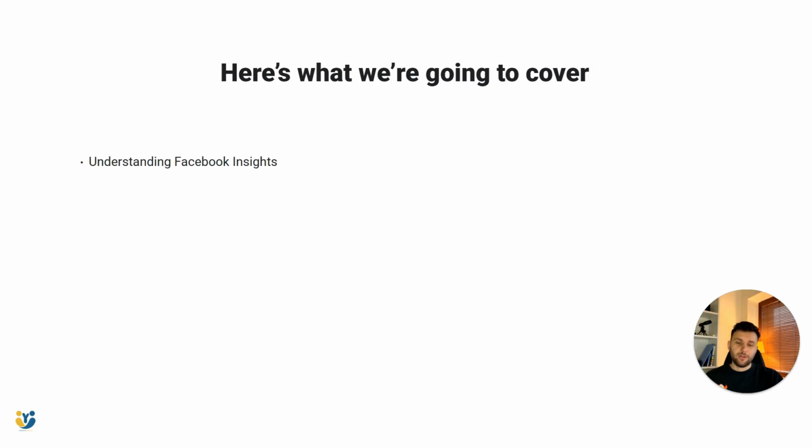So first of all, here's what we're going to cover. First, the basic understanding of Facebook Insights. Then we are going to cover key performance metrics, which, by the way, we've covered throughout this entire course.